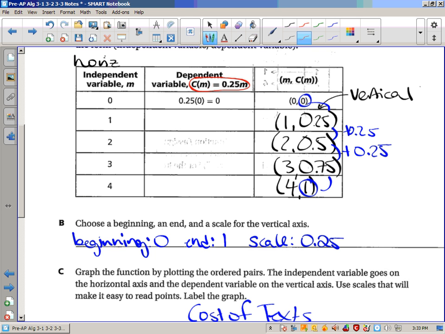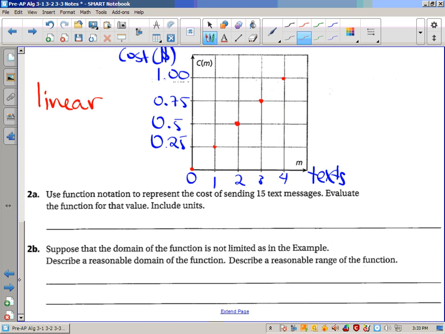So if I want to figure out how much it would cost after 15 text messages, I put C of 15 and replace M with 15. So do 0.25 times 15. And I believe if you do that, you get $3.75. So that's how much it would cost to send 15 text messages. That's pretty expensive.